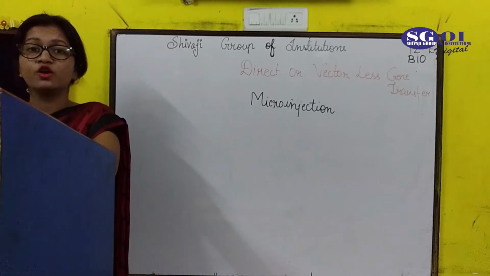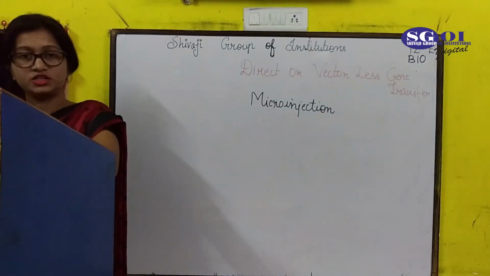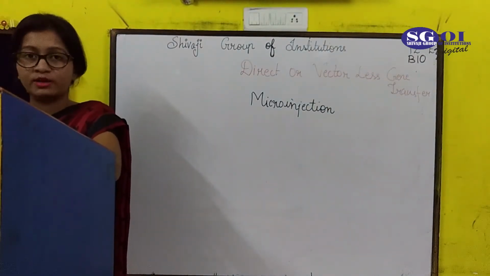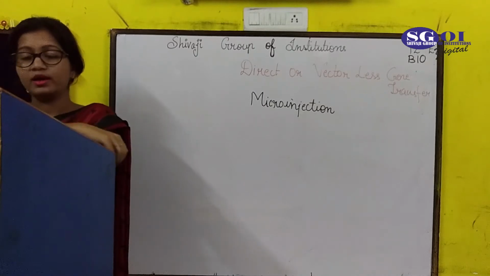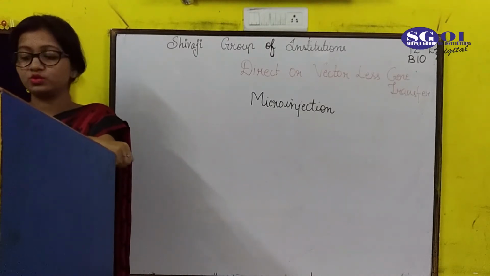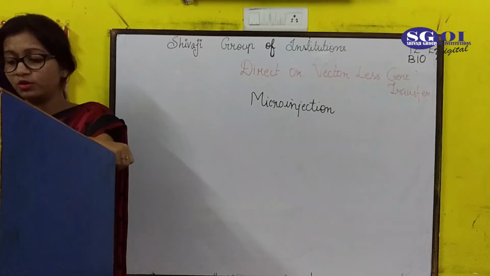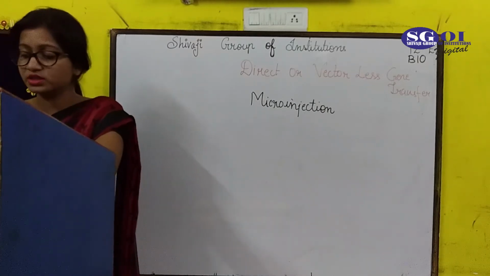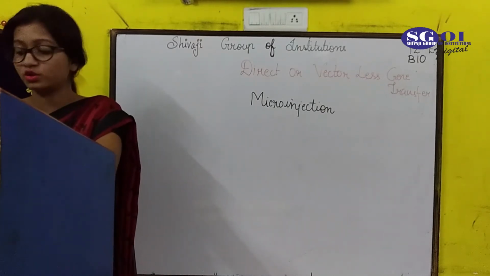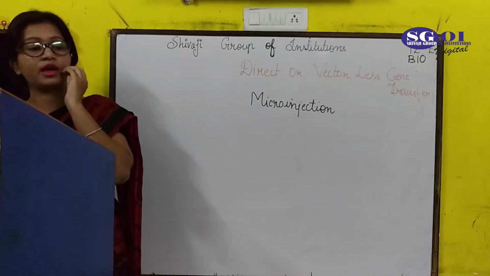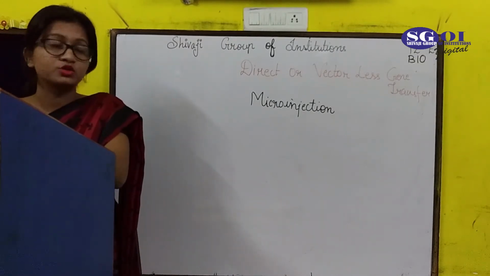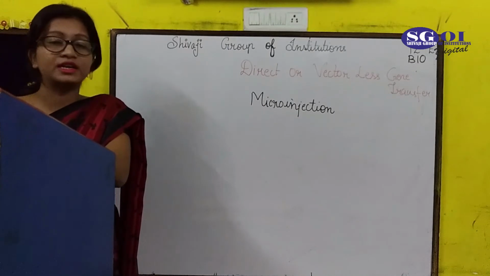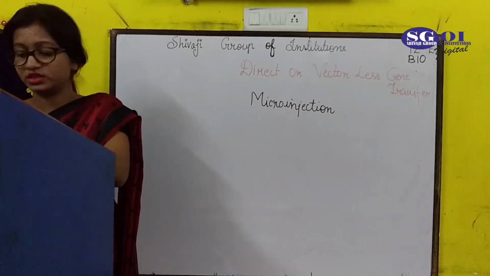In this method, foreign DNA is directly injected into the nucleus of an animal or a plant cell, using microneedles or micropipettes, and it is used to insert foreign genes into oocytes or eggs and also into the embryo of the cell.